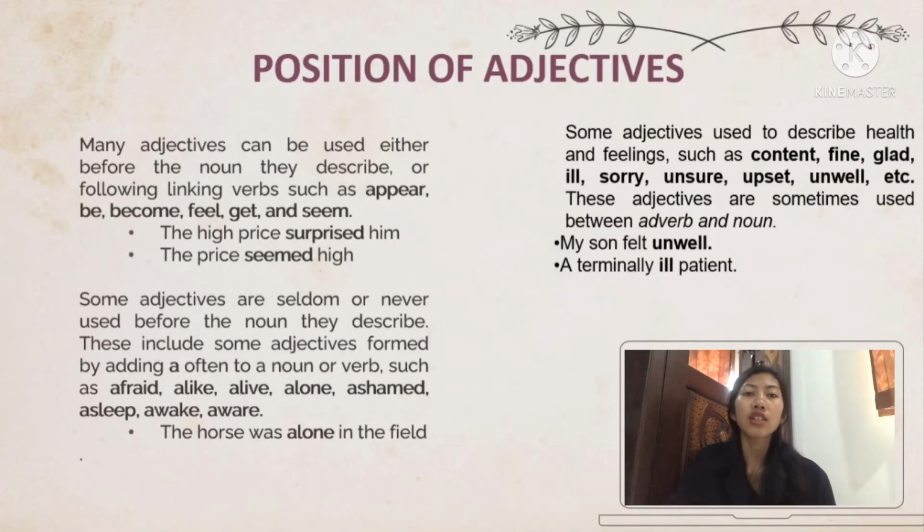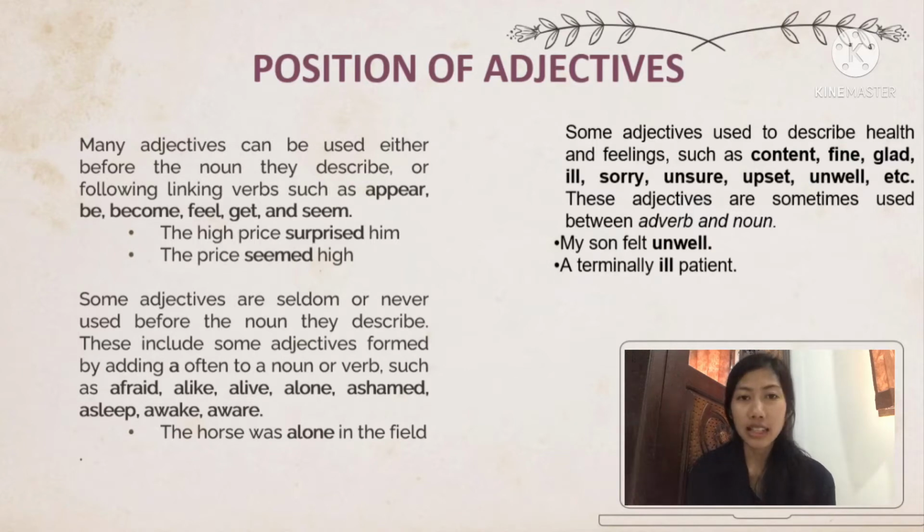Now I would like to tell you about the position of adjectives. Many adjectives can be used either before the noun they describe or following linking verbs such as appear, be, become, feel, get, and seem. For example, the high price surprised him. For the second example, the price seemed high.